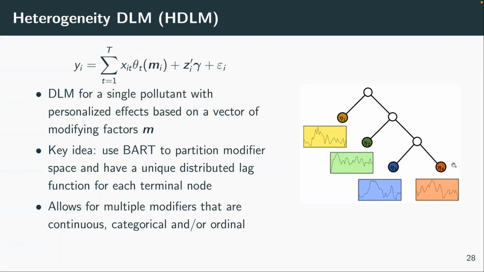The key idea is we're applying a regression tree to divide up our modifier space, to make subgroups of our population based on our modifiers. Each terminal node, instead of just a single parameter mu, gets a vector that looks like a distributed lag function. This allows for multiple modifiers, interactions between modifiers, and categorical, ordinal, and continuous variables.